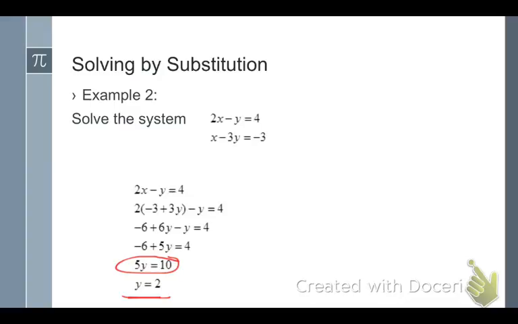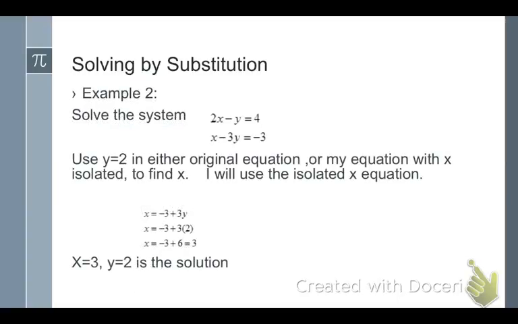Now once again, I have y, but I also need x. I can put this value of 2, replace y with it. Here's the substitution. Substitute 2. We use substitution several times in this method, for y in one of the equations in order to find the value of x. So I can go back to the equation I solved for x.